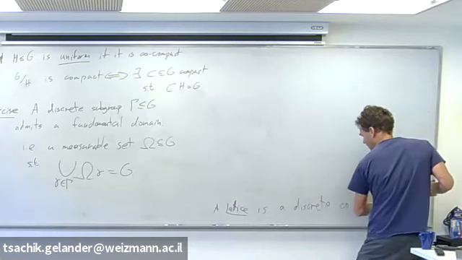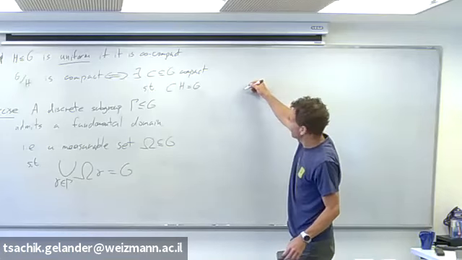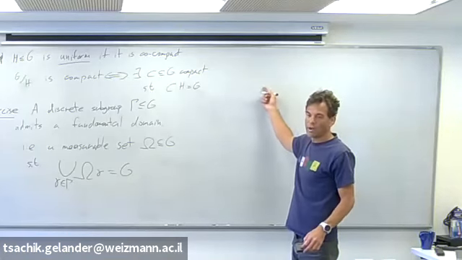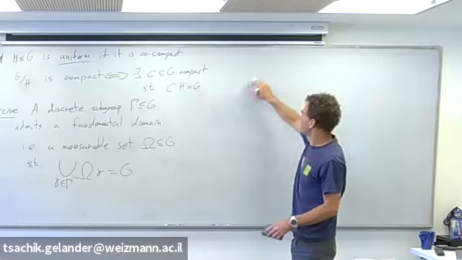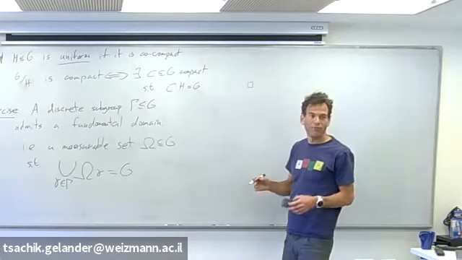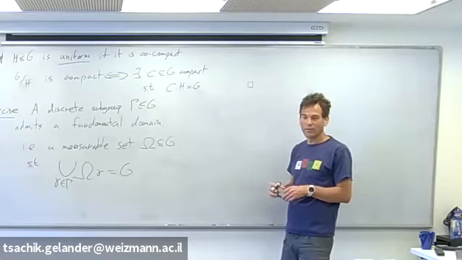For example, for the action of Z^2 on R^2, this square is a fundamental domain because the translates of it tessellate the plane.